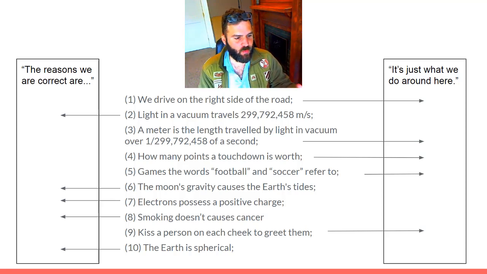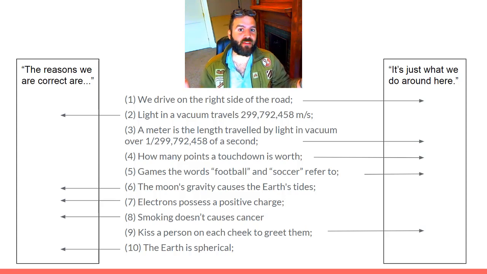It's tradition. But the fact that light travels in a vacuum at this speed is not just what we happen to believe about light here. That's something you are expected to justify, and we should demand that of you. If some society or culture came up with a different answer, we would say you can't just justify believing that light travels instantaneously, or at a slower speed, by saying, well, that's just what we believe around here, that's our tradition about thinking about light.